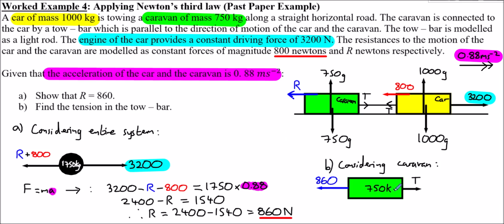We don't need to consider vertical forces because there's going to be no acceleration or motion vertically. So let's just work out F equals ma going to the right. So to the right we've just got T less the 860. That's going to be equal to the mass of the caravan, which is 750, multiplied by the acceleration of the system, which we were told earlier is 0.88.